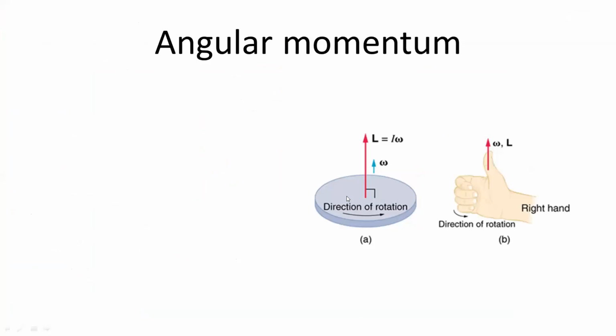Okay, so we will see what is the reason behind this gyroscopic couple. So it is angular momentum. The angular momentum term is equivalent to the linear momentum. So what is linear momentum?